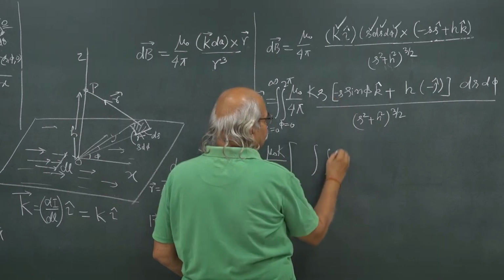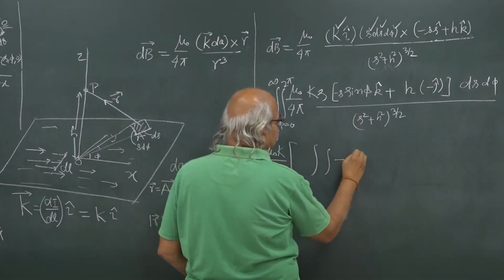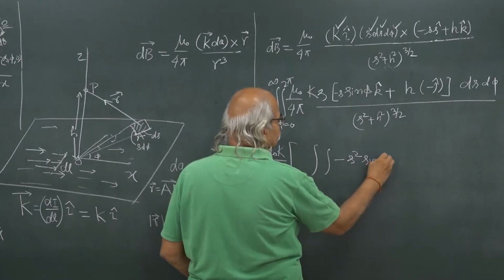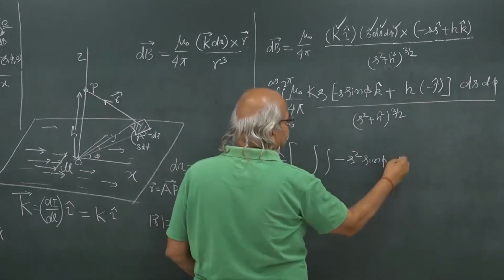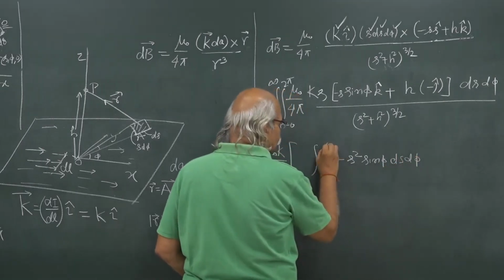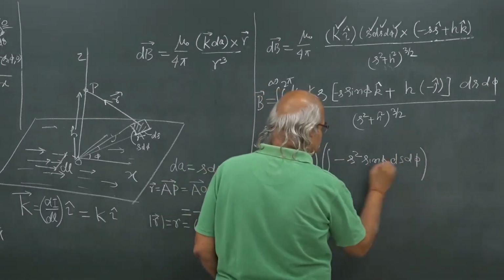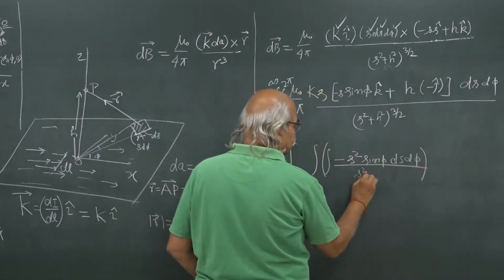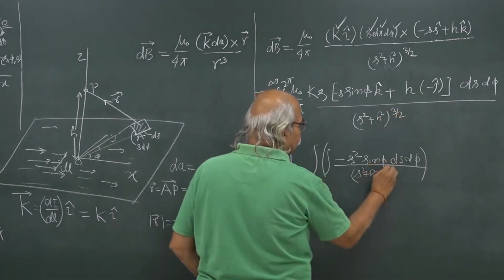Minus s square sin phi ds d phi divided by s square plus h square to the power 3 by 2.